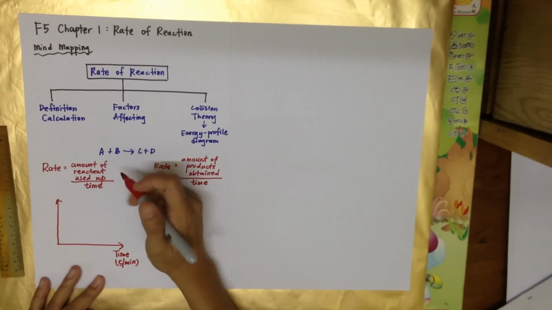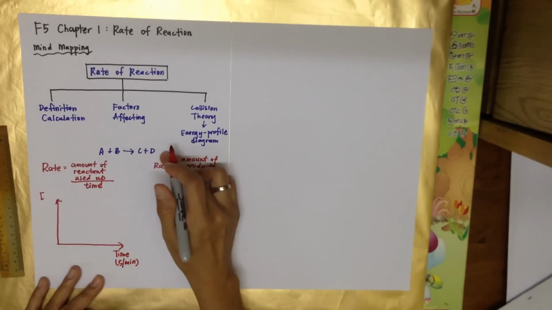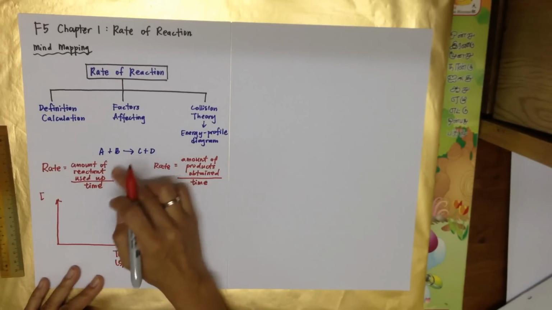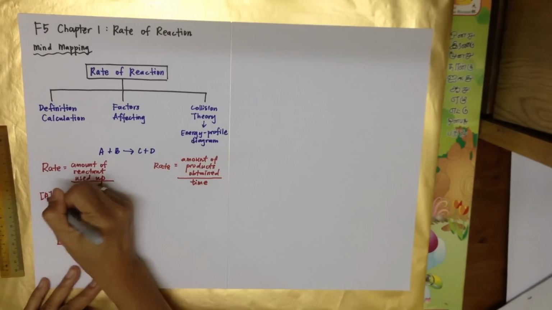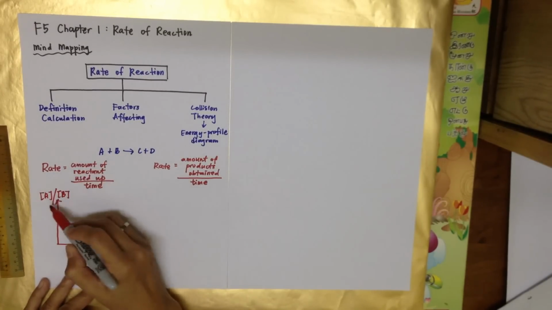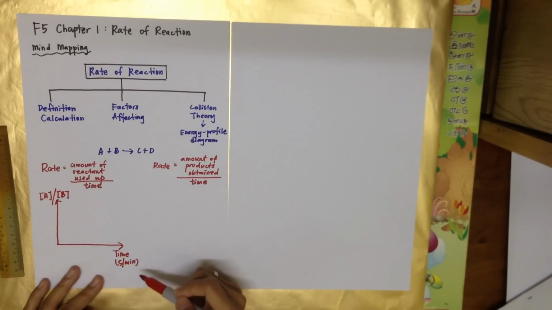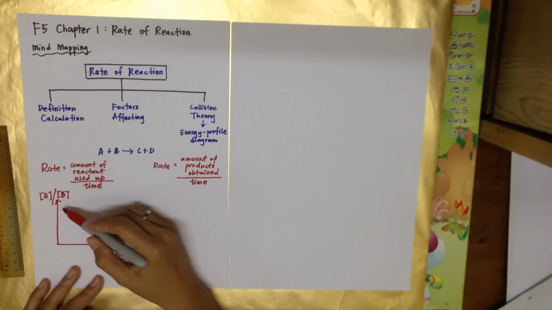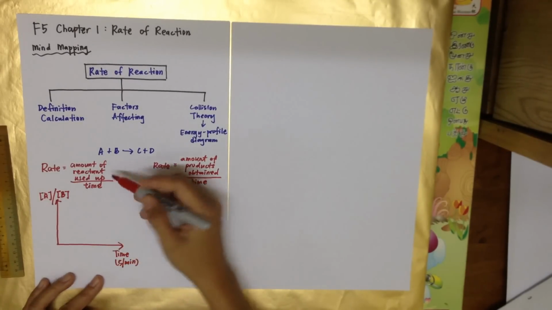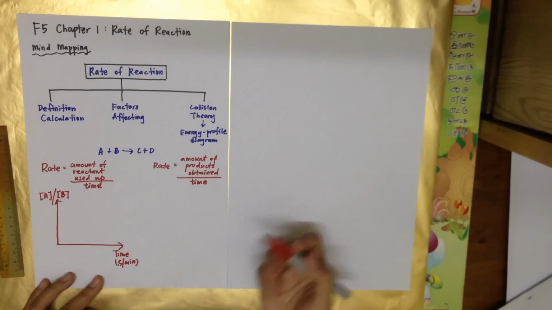The amount will always be represented by concentration. For example, in this particular condition, the reactants will be either A or B. So this is the concentration of A changing with time, or the concentration of B changing with time. Both can be represented by the same graph because both are reactants.